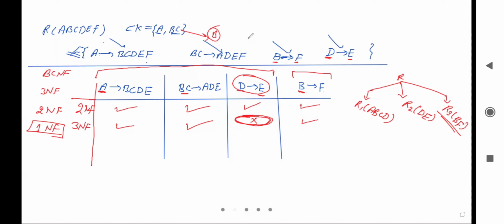Let's see. Here the functional dependency for this sub relation, let me say this is f1, will be A goes to BCD, BC goes to AD.